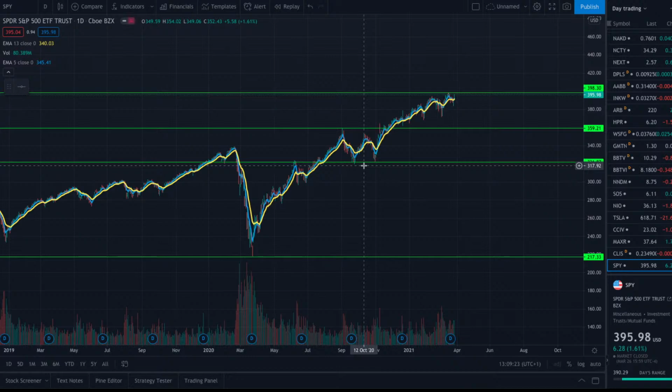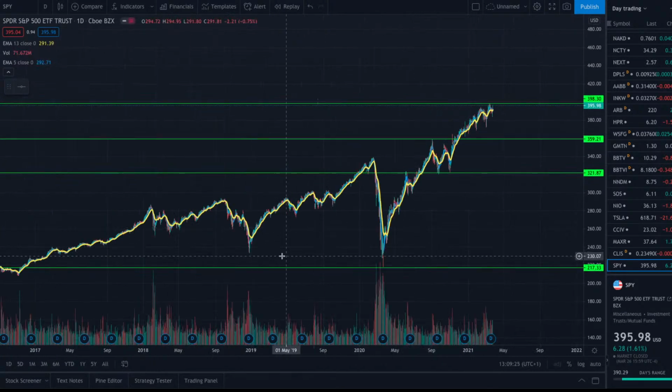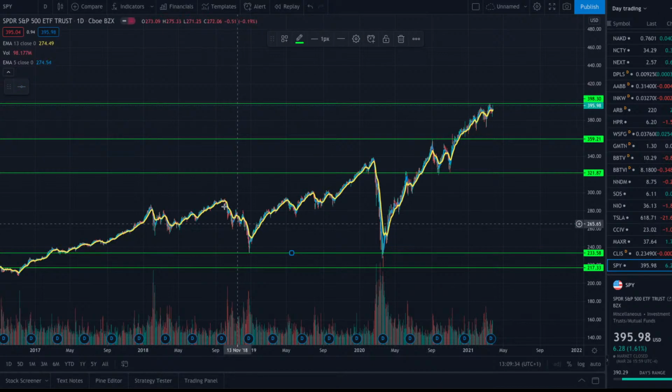So there are some exceptions to this rule, which is why this support area here of 233.14 I will also chart, because as price came down to support this level, it rejected and it had a huge bounce.